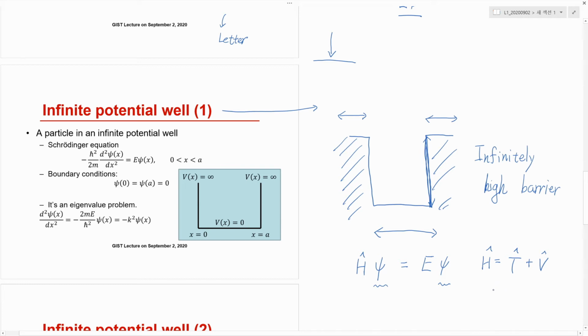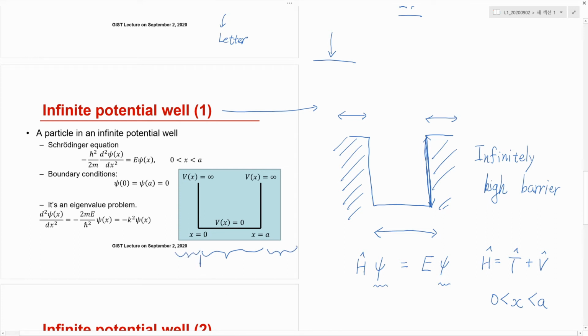So in this simple problem called the infinite potential well, for the region larger than 0 and smaller than a, we allow electronic motion, and the electron cannot exist in the other part.